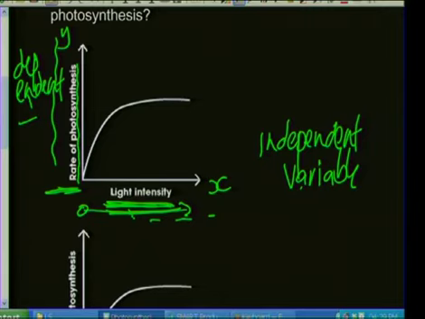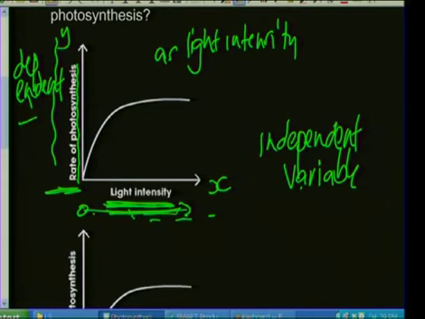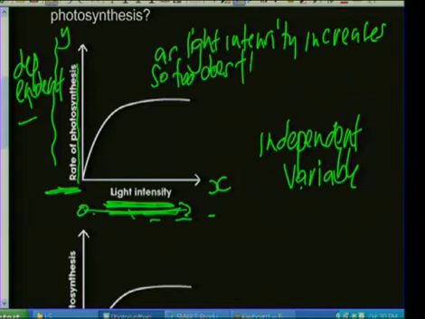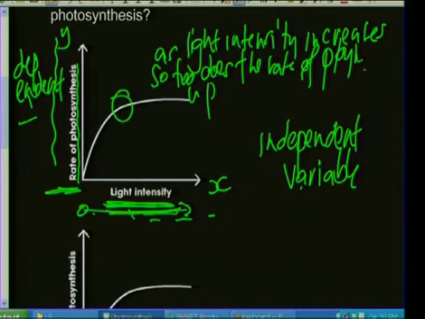If you have to explain any graph, the relationship between two variables, you say: as the x-axis, light intensity, increases, so too does the rate of photosynthesis, up to a point. Obviously, if there are figures given here, then you must use the figures in your answer.